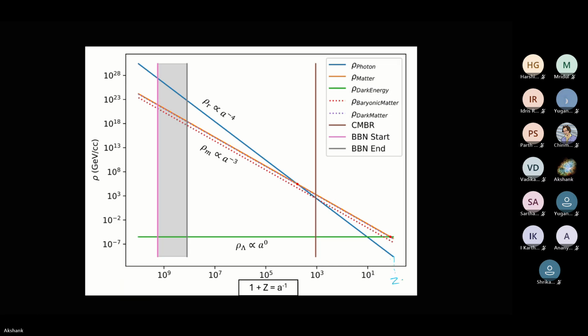Okay. So this is your present and this is your past. What is happening is we know the current radiation density. This is your radiation density, this is your matter density, and this is your dark energy density.